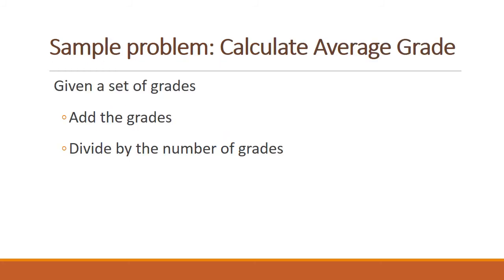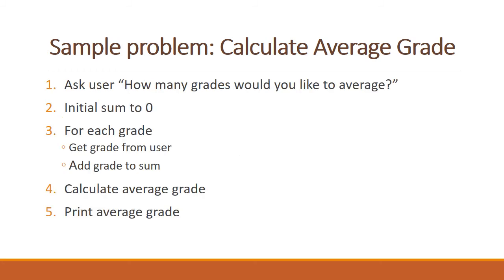Let's look at an example where we want to calculate the average grade. In other words, given a set of grades, we want to add that set of grades and divide it by the number of grades to calculate the average. So for our algorithm for this problem, first thing we're going to do is ask the user, how many grades would you like to average?